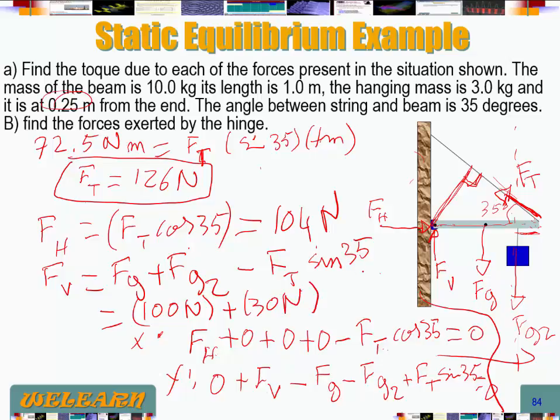Ft sine of 35 is 72.5 newtons. Which gives us Fv just equal to 57.5 newtons.